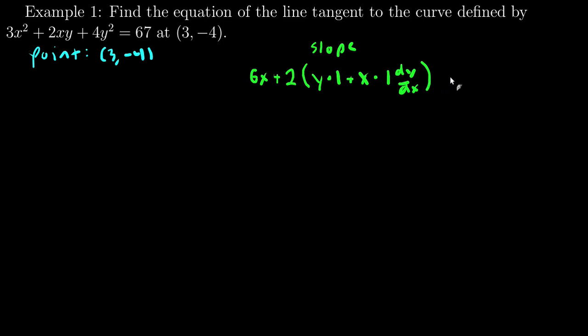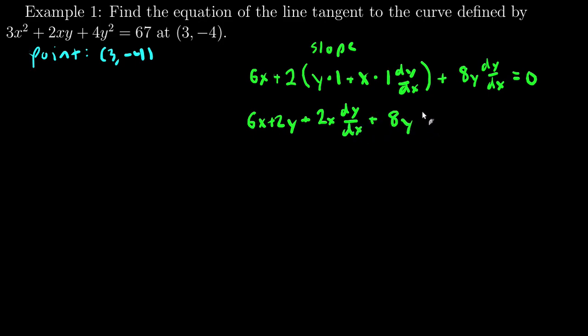The derivative of 4y squared will be 8y dy/dx, and that will equal 0. And I'll distribute through the 2, so I get 6x plus 2y plus 2x dy/dx plus 8y dy/dx equals 0.